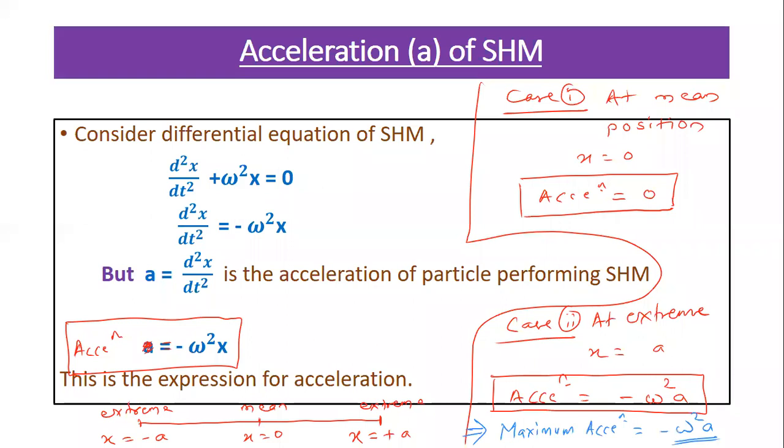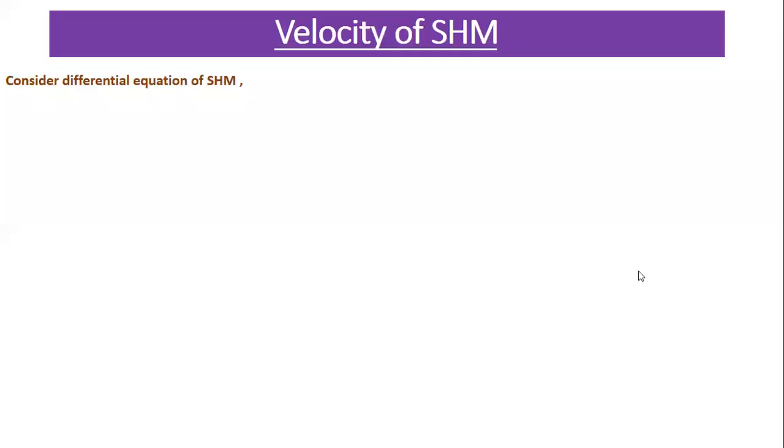Now the next part is velocity. Velocity of SHM. Again we consider the same differential equation. You know that d square x by dt square is equal to minus omega square x.